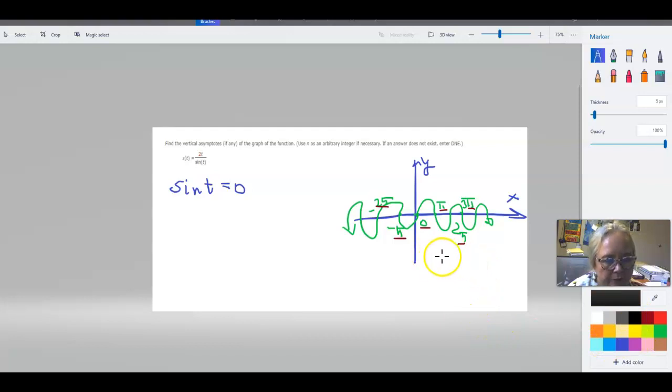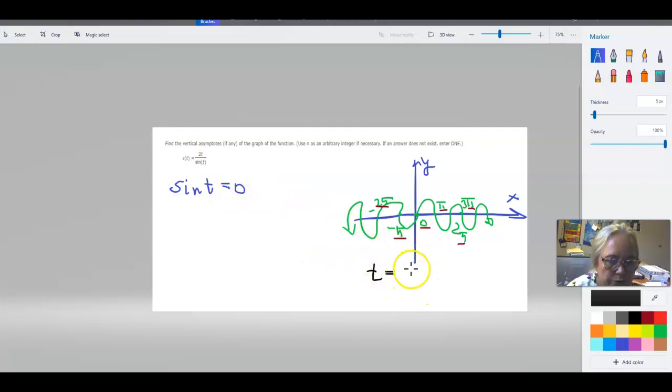So how to write this infinite set of numbers, 0, pi, 2 pi, 3 pi, or negative pi? So we use this notation. So the solution will be t equals, since we use the variable t, I will use the variable t here for the solution.